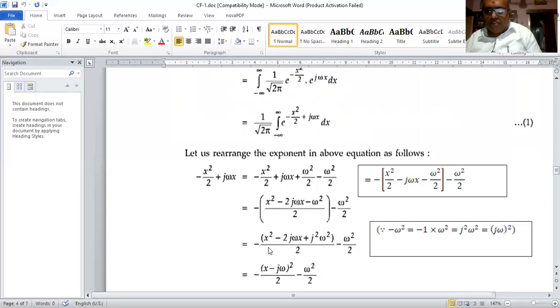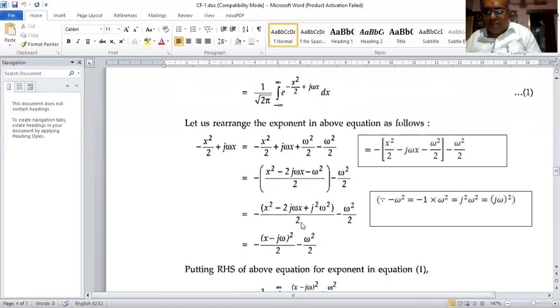So substitute j omega the whole squared for minus omega squared. This becomes minus of x squared minus 2j omega x plus j squared omega squared by 2, minus omega squared by 2. Now this is of the form a squared minus 2ab plus b squared, where a is equal to x, and b is equal to j omega, so b squared is j squared omega squared.